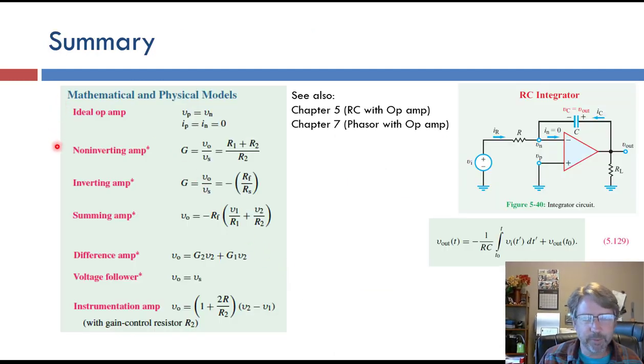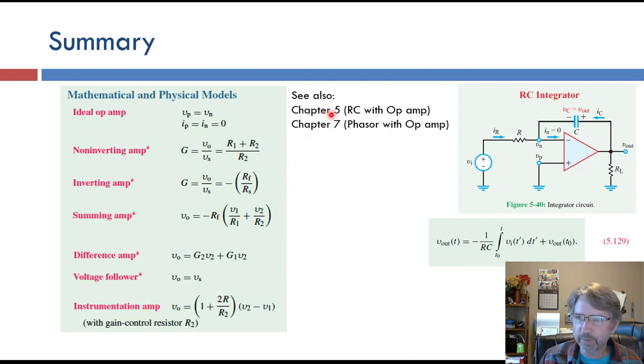Okay, so again, there are some summaries, and you can look in the book for where these circuits and equations came from. We looked at the ideal op-amp properties, the non-inverting and inverting op-amp circuits, summing and differencing amps, the buffer or voltage follower, and the instrumentation amp, which is a 3 op-amp circuit.